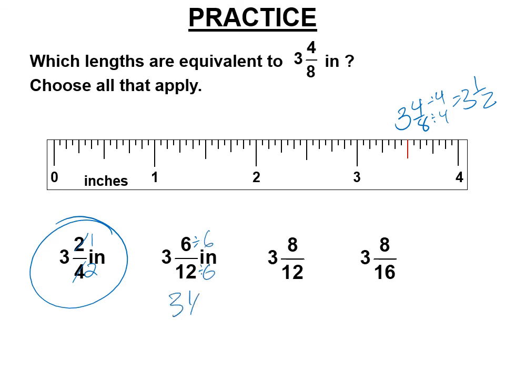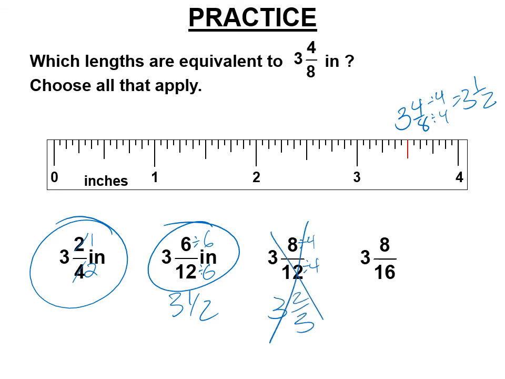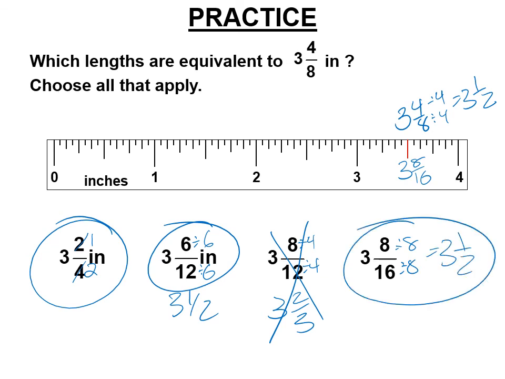Yeah, that makes 3 1/2, so that one is also there. 8 is not half of 12, right? This makes 3 and 2/3, so this one's no good. And 8/16, yeah, that's right in the middle of the 16ths, right? Because you could simplify the fraction. Any fraction, or any mixed number, I should say, that simplifies to 3 1/2 can go right there on the ruler.